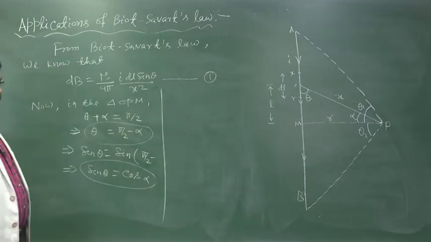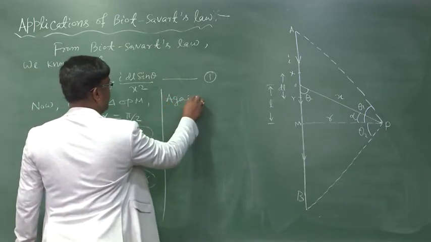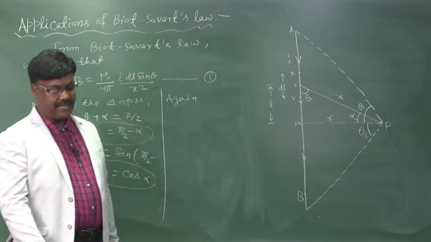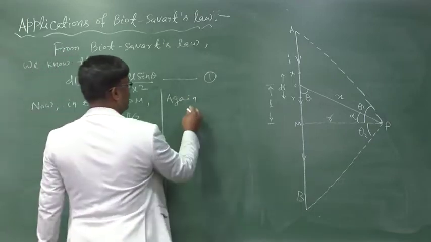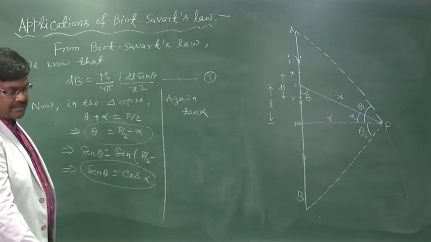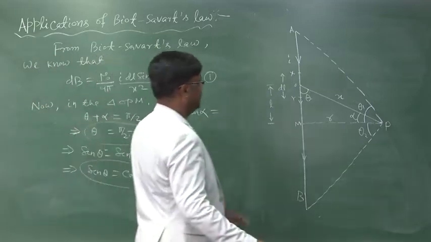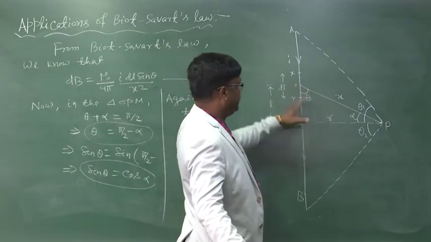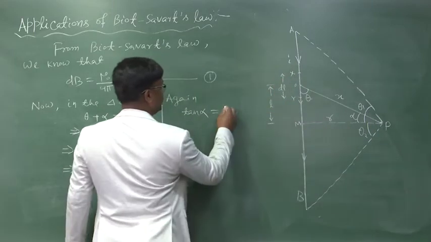Again, in the same triangle OMP, tan alpha equals how much? Perpendicular by base, that is OM by MP.